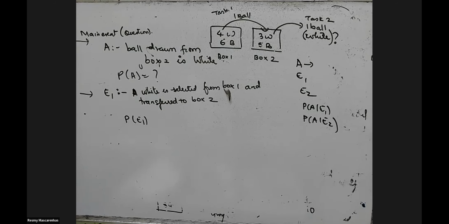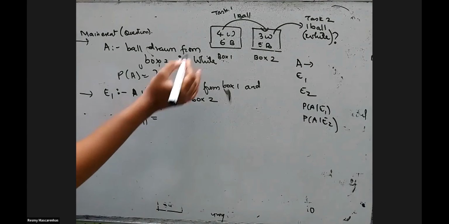Yes, so that would be 4 out of 10. So that becomes the probability of picking a white ball from box 1.